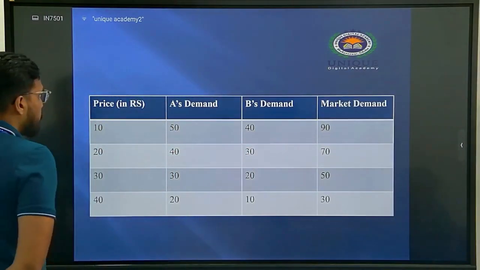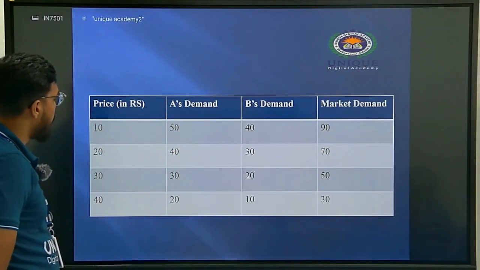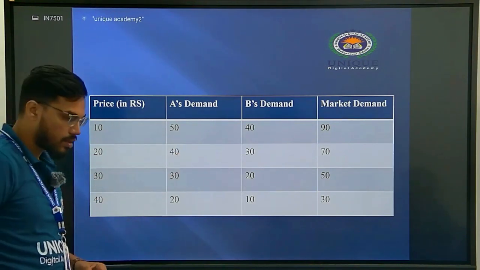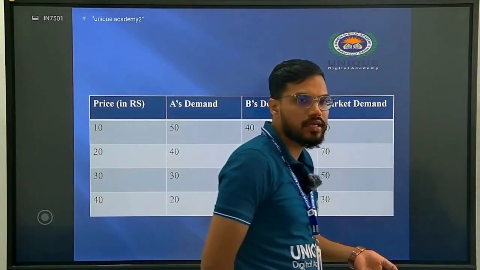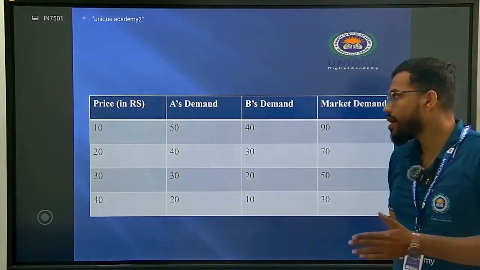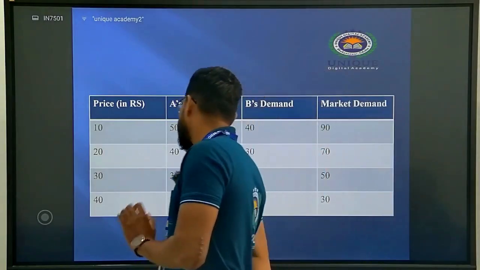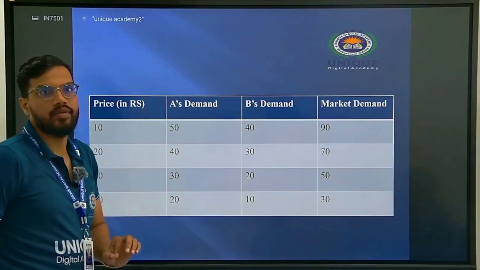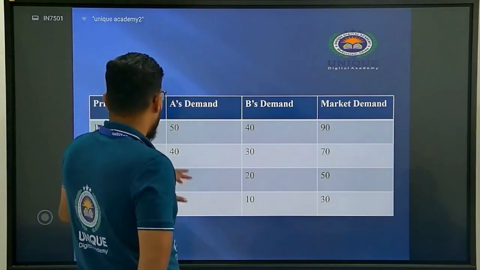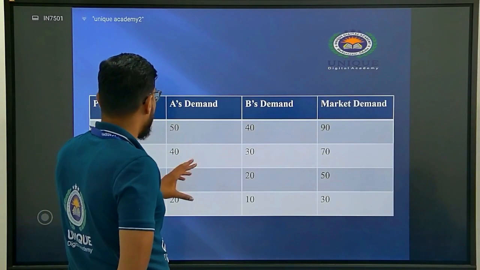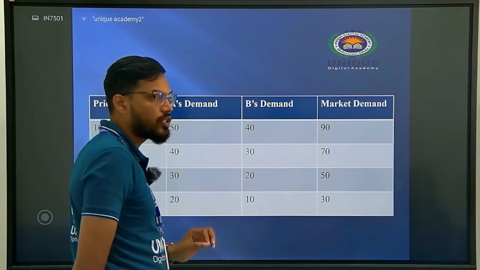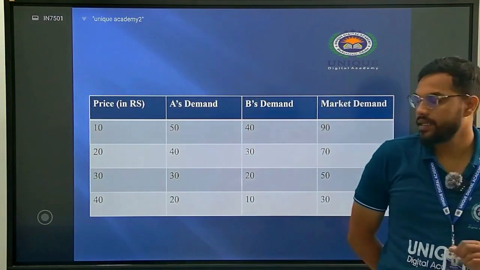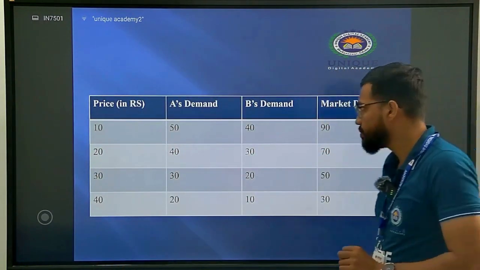Like that, here price of the commodity is given, and two individuals, or two customers, two consumers, or two buyers in a market. One is individual A, another one is individual B. So here this is individual A's demand, and here this is individual B's demand.